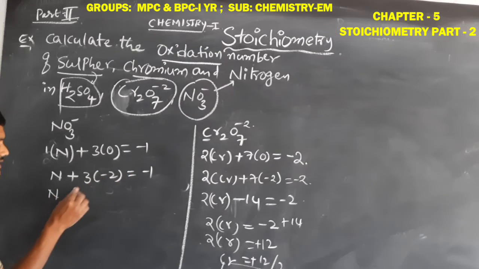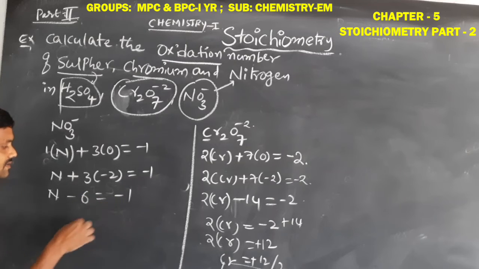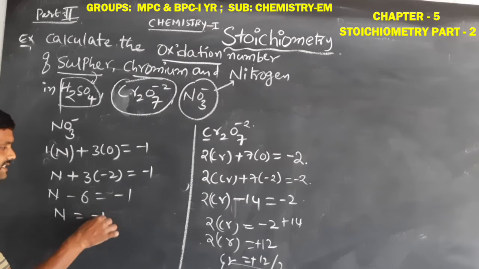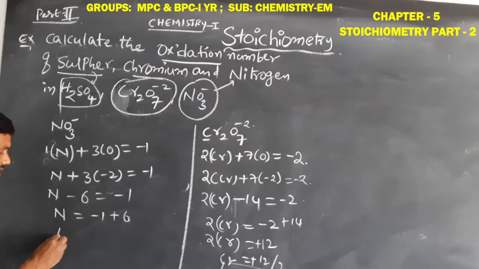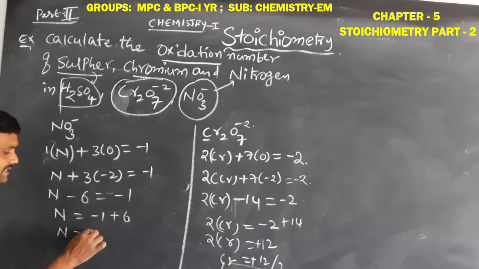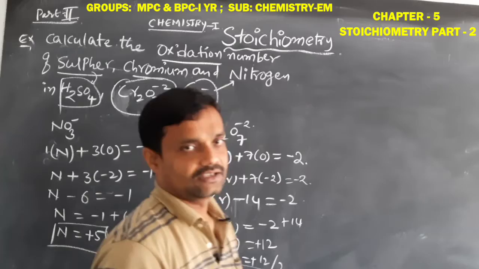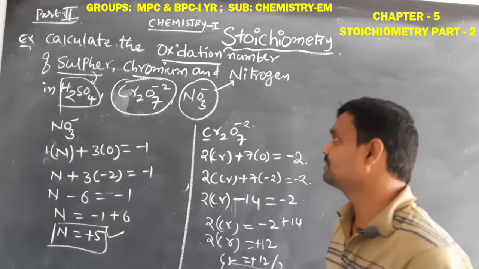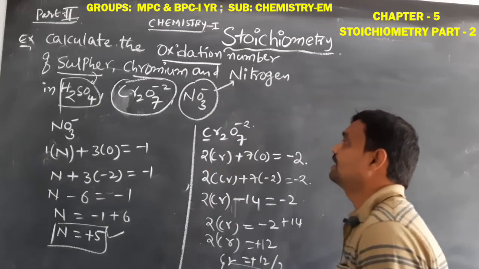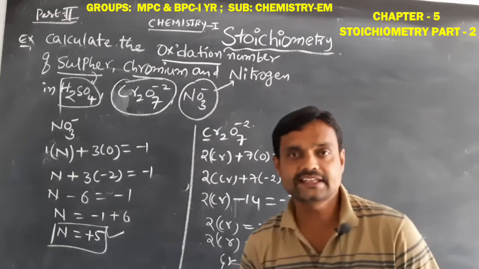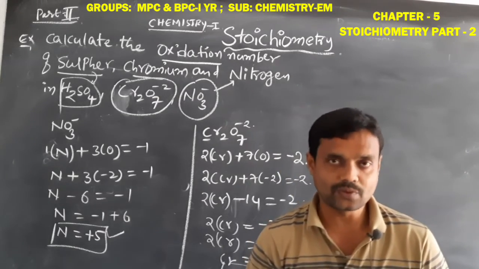This minus 6 goes to the right side as plus 6. Minus 1 plus 6 means plus 5. The oxidation number of nitrogen in the NO3 minus ion is plus 5. So this is the simple method to find the oxidation number of any element in a given compound.